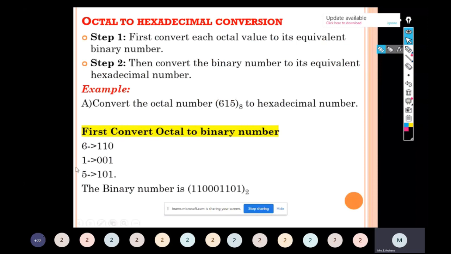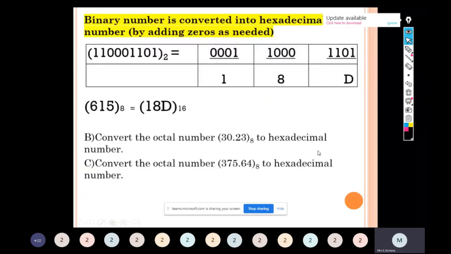The binary number for 1 will be 001. The binary number for 5 will be 101. Combining all this, we will get one binary number. How to convert binary to hexadecimal? We know that, we have already studied. So to convert binary to hexadecimal, we have to group by 4 bits starting from LSB.